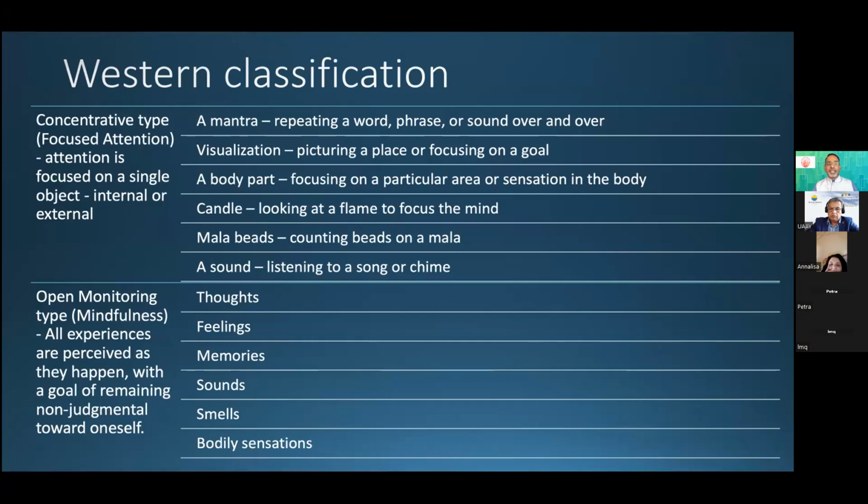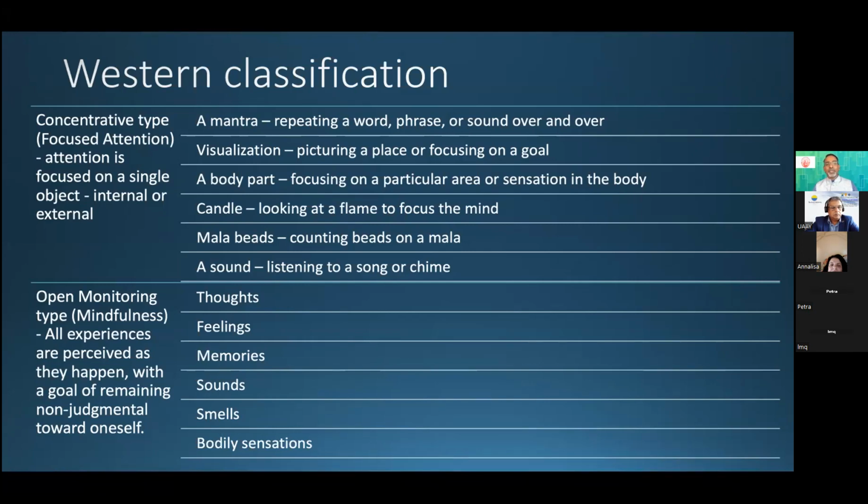But in the West, there are two major classifications. One is the concentrative type, which is also brought under focused attention meditation, while the second is open monitoring type or mindfulness-based meditation. I have tried compiling all those practices which have some amount of evidence or research under these two categories.